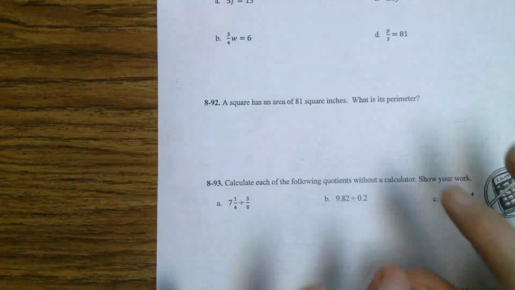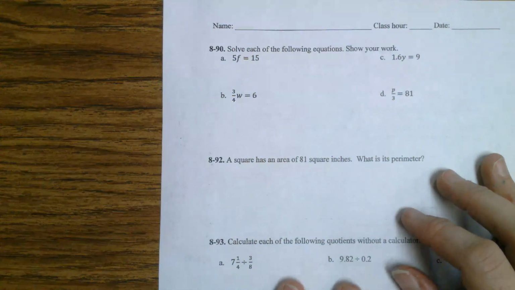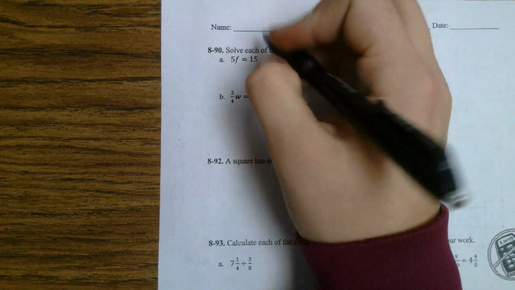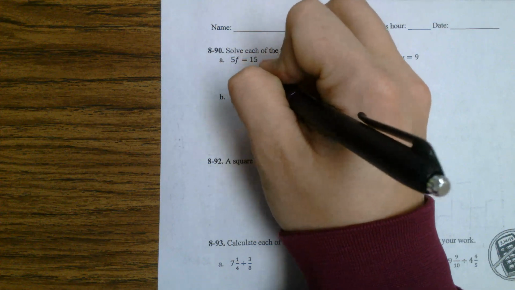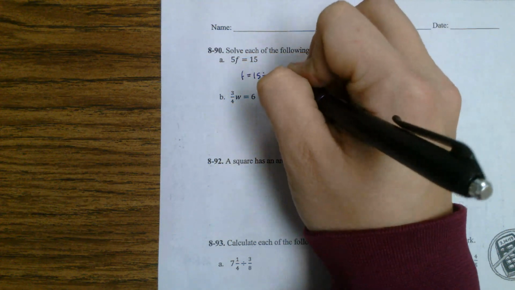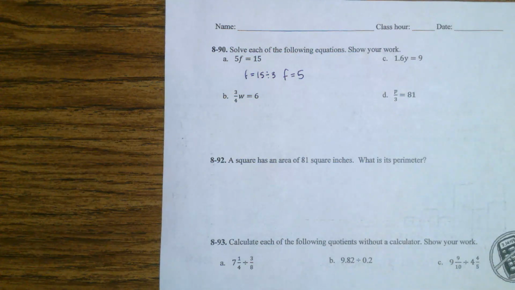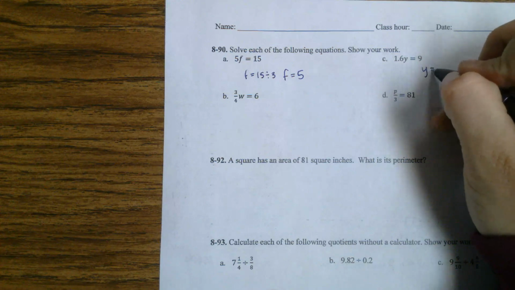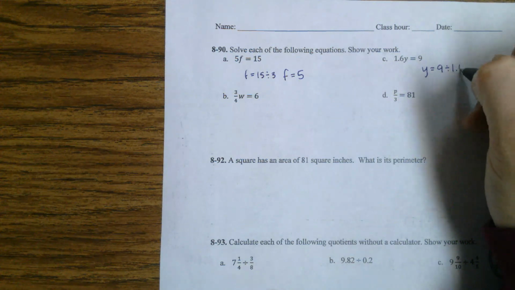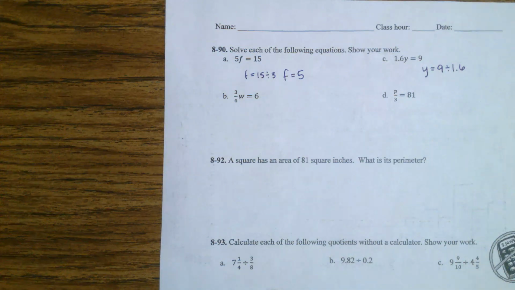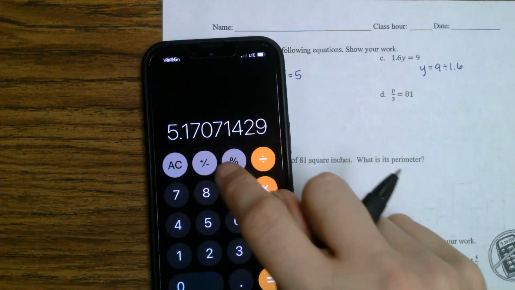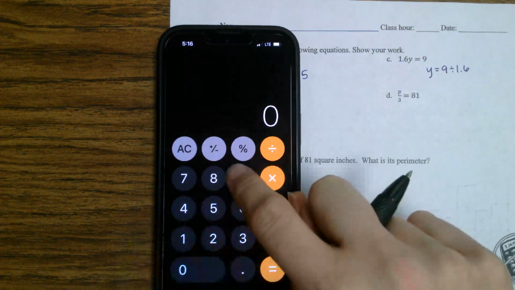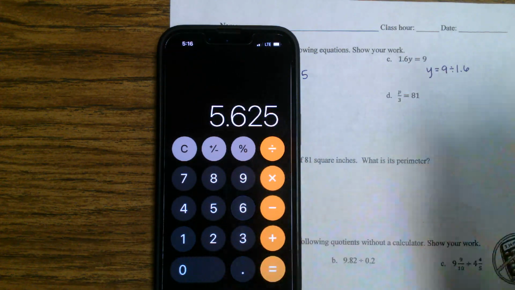On the back, solve each of the following equations, show your work. 5f equals 15, well, f equals 15 divided by 3, so f equals 5. C, 1 6/10 times y equals 9. Well, y equals 9 divided by 1 6/10.